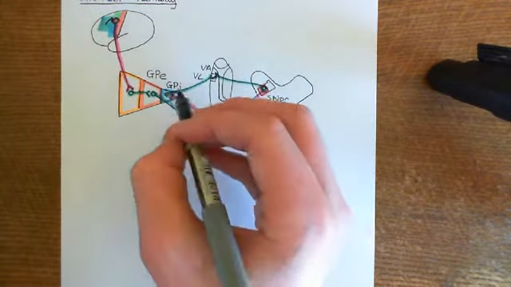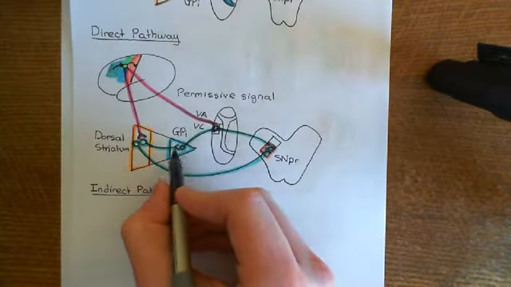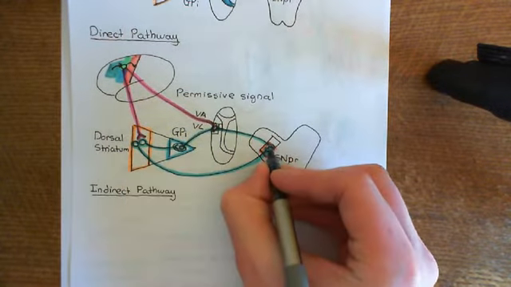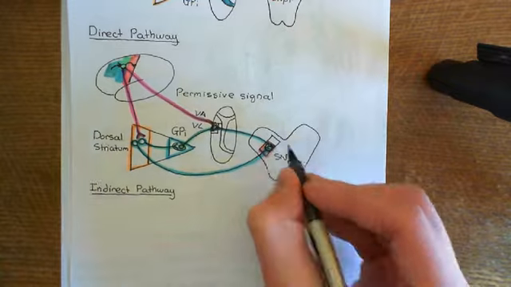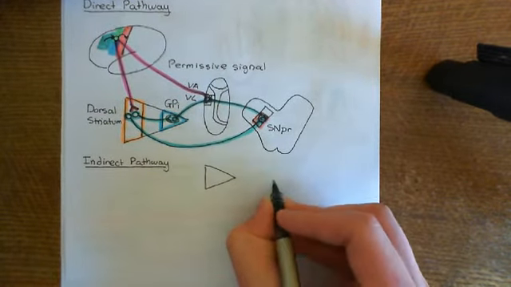Okay, so basically the direct pathway, which we've just seen here, is going to inhibit a specific area of the internal globus pallidus, let's say this area here, and it's going to inhibit a specific area of the substantia nigra pars reticulata, and I think I might draw this out again to make it clearer.